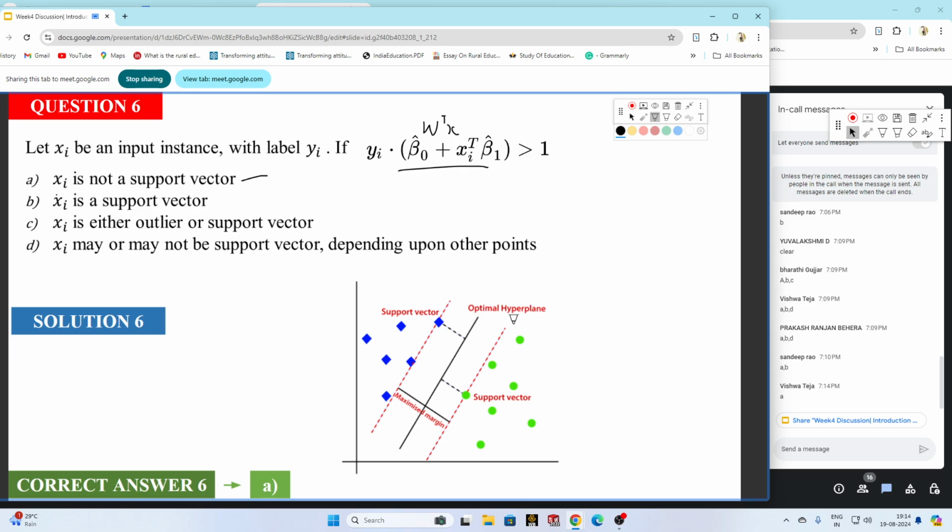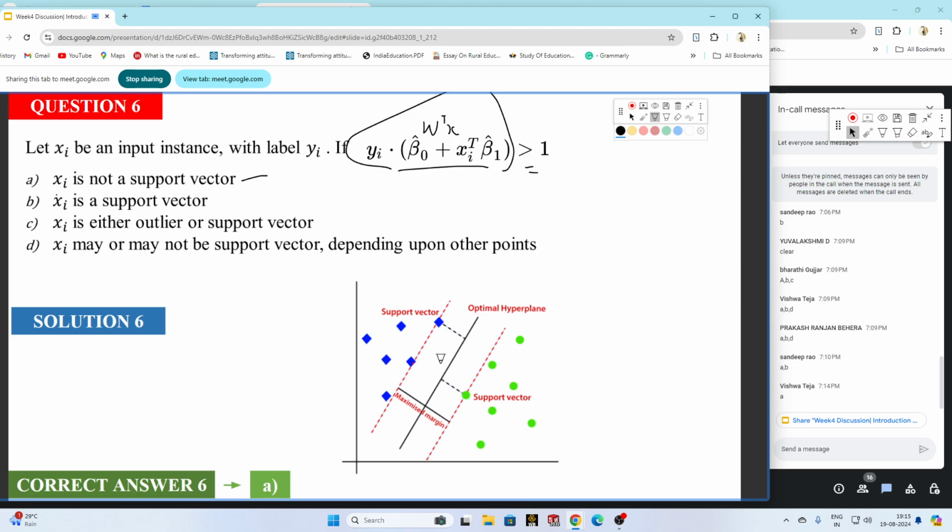You can clearly visualize this. I have already told you that yi times this expression will be equal to 1 when your data point is on this line. That means if your data point is on this line, that is a support vector. This equation will be equal to 0 when your data point is at this black line.